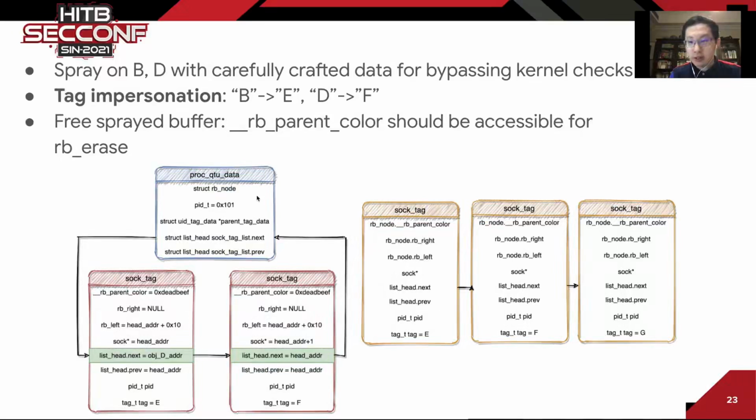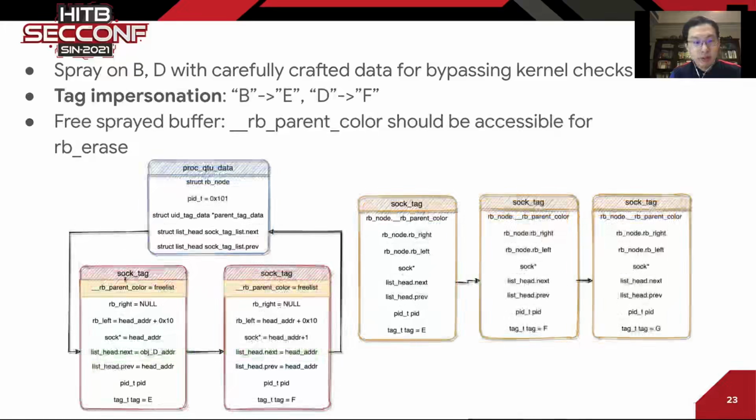We also have to free these two corrupted objects, because the first 8 bytes of the object must be a valid address. Otherwise, the RB erase operation might fail. In this way, we may free the corrupted socket tag structure without triggering any kernel checks. We will later use this primitive for performing a special kernel double free.